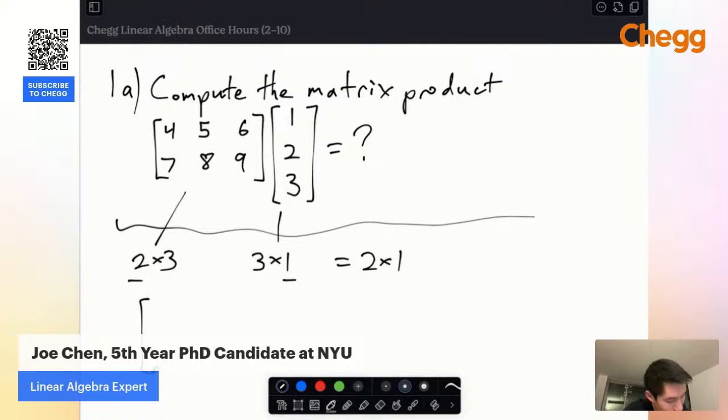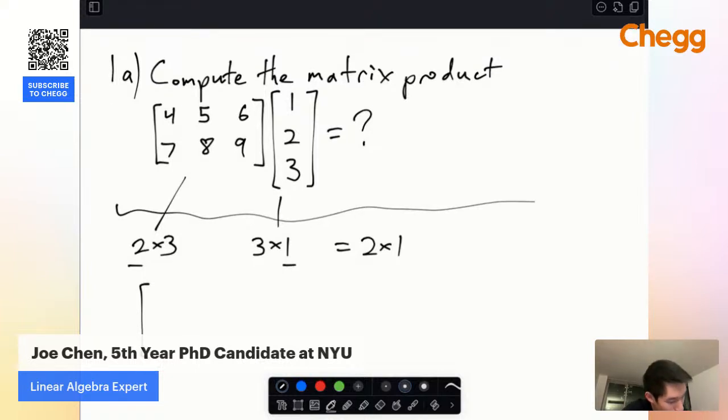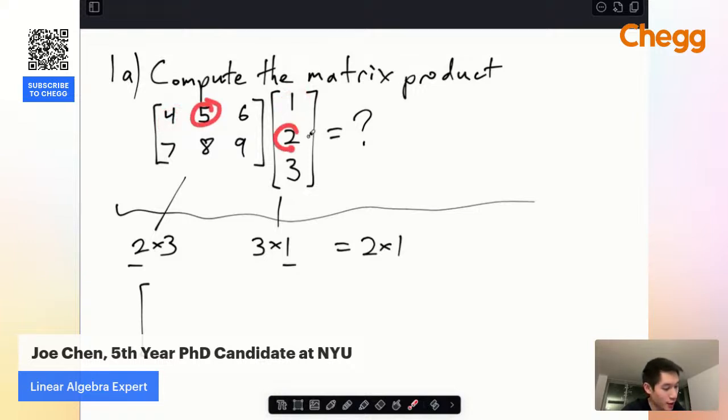If we recall, how do we compute this vector? For the first entry, we match the first entry here and multiply it with the first entry here, and then multiply this 5 with the 2, and then the 6 with 3.